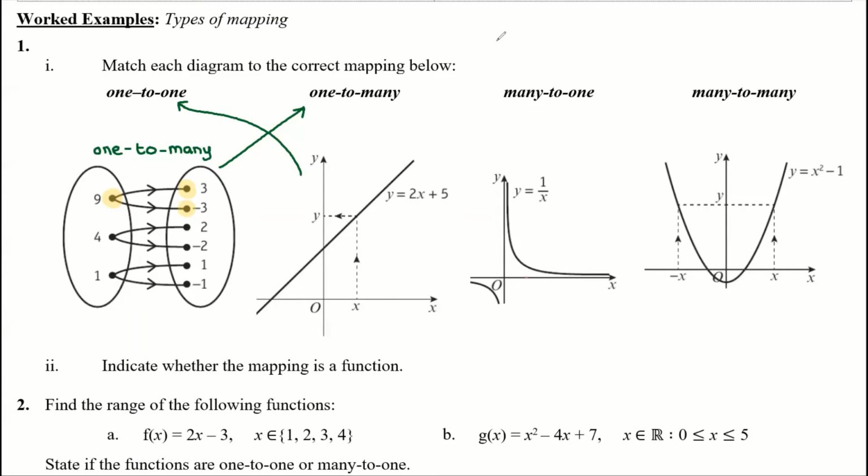If I take a point here and match it, it's going to go to one particular Y value. Or I could take an X value over here. That also is going to go to one particular Y value. It's simply just the reciprocal of whatever the X value is. So this is also one-to-one. So we'll match that as well. So this is going to match to one-to-one.